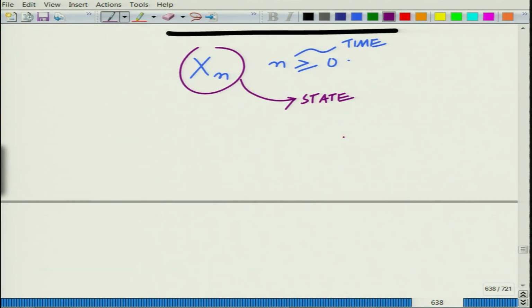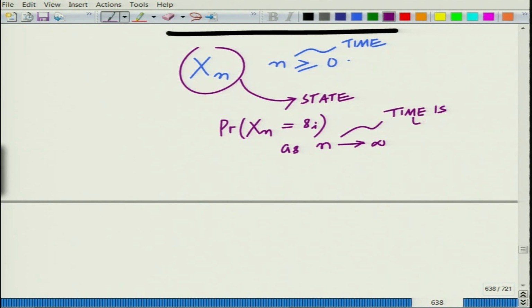Now, we would like to ask the question, what is the probability Xn equal to Si as n becomes very large, that is, time is extremely large?